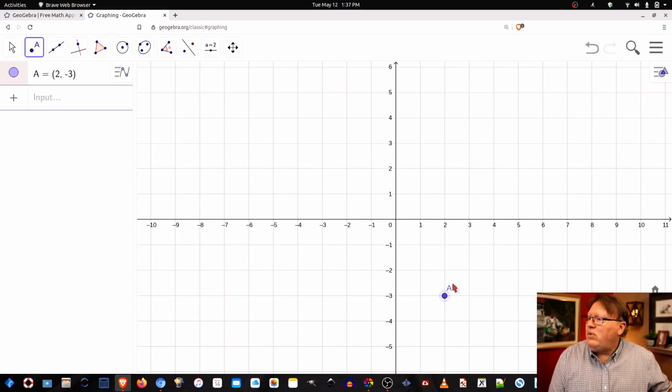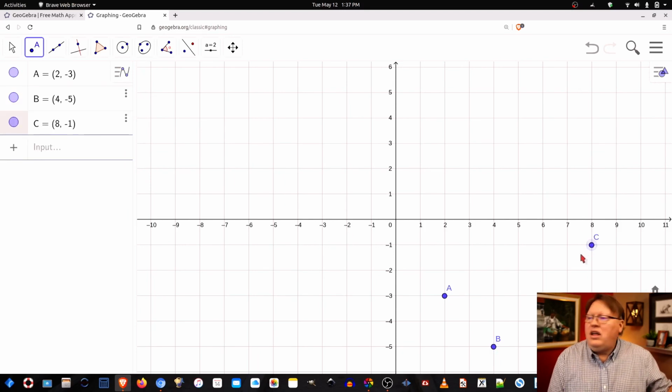And our next point is (4, -5). That's 4, and all the way down to -5. And then my next point is (8, -1). That's over here, (8, -1). And then I have the point (6, 1), which is right here.